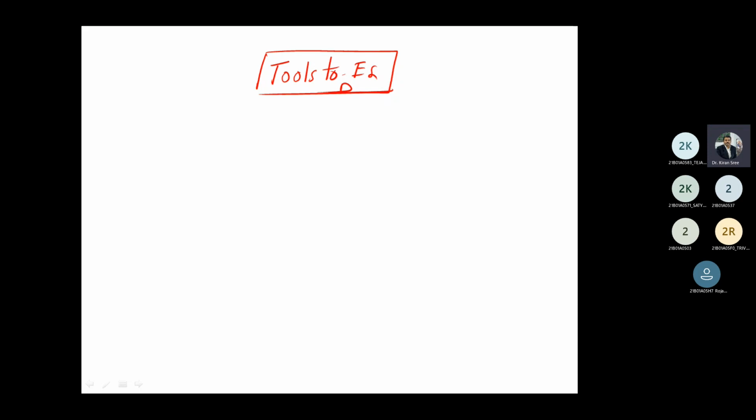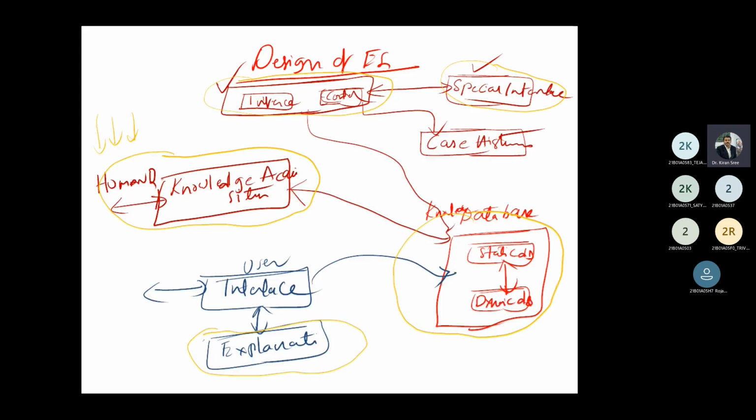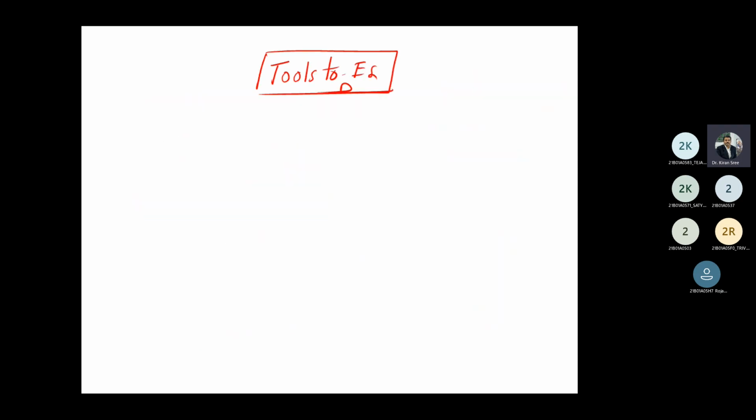That is what we learned when we were doing BTech. So I will write the names of tools that are already available. Then based on that, we'll have a discussion if needed. See, if I need a knowledge acquisition phase, which was written here, I need this phase. Then I have a tool called Acquire.